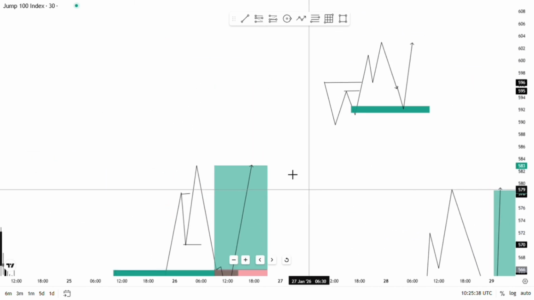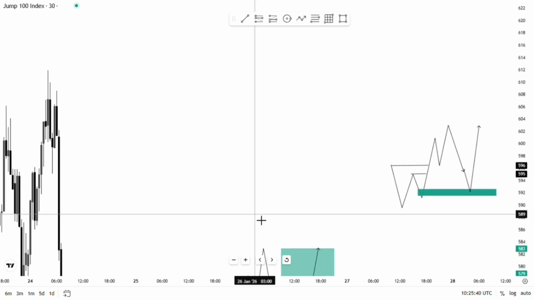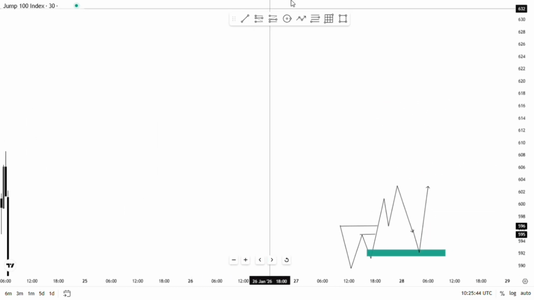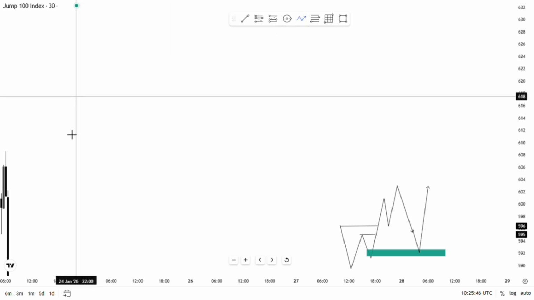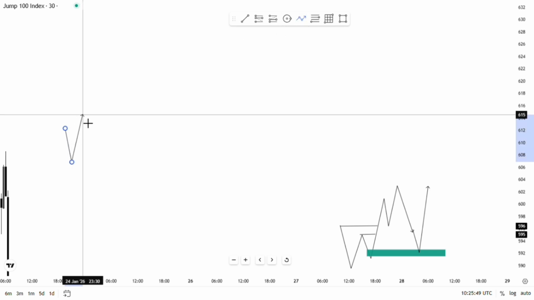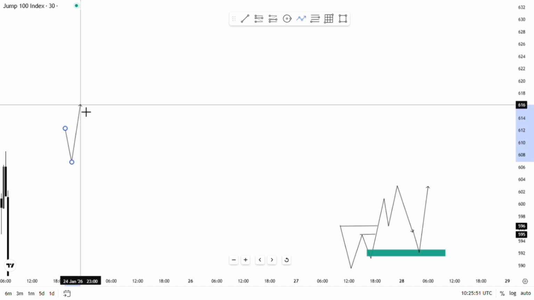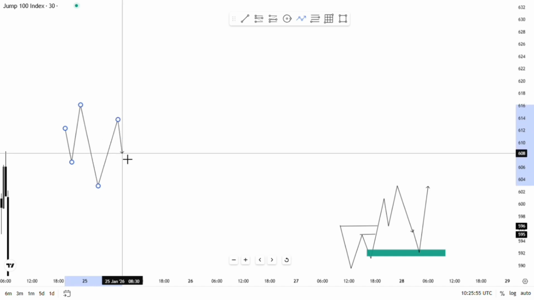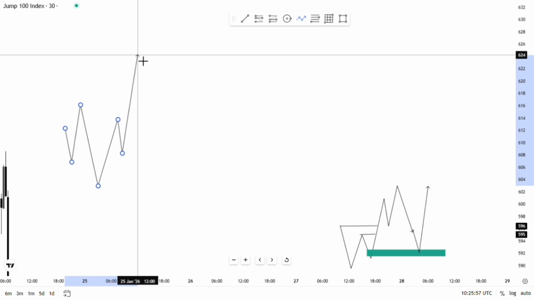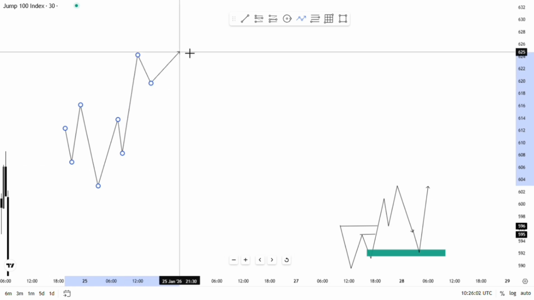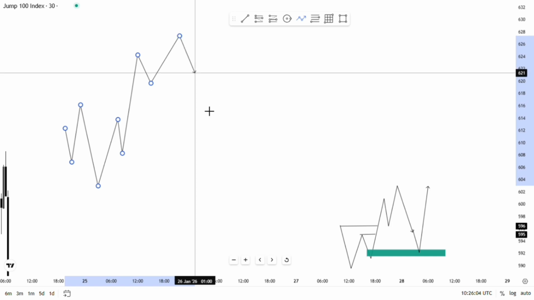So this is another type of breaker. What is it called? Breaker block is that this thing now is a zone. This zone has a sweep of liquidity, then internal inducements, then a break, then the market later comes and taps this zone. And at the time when the market taps this zone, you were not online.